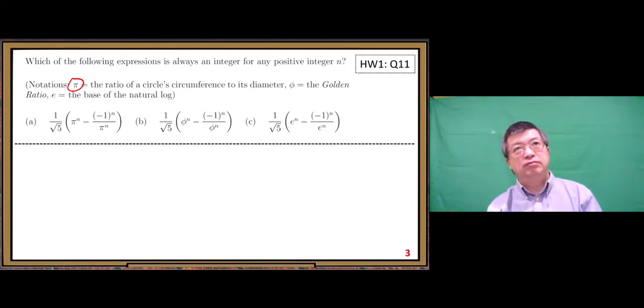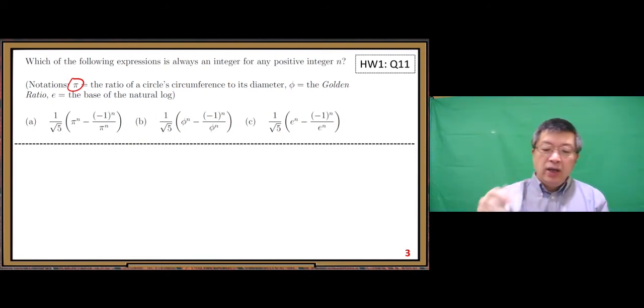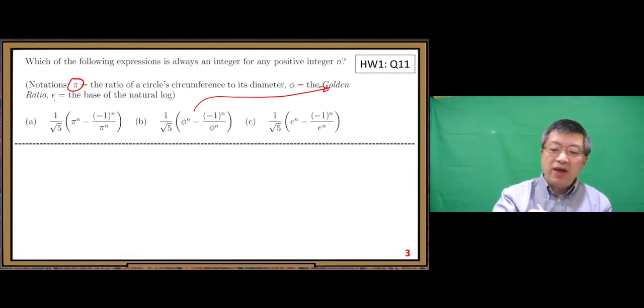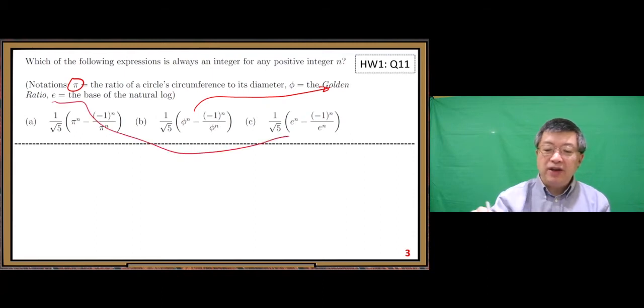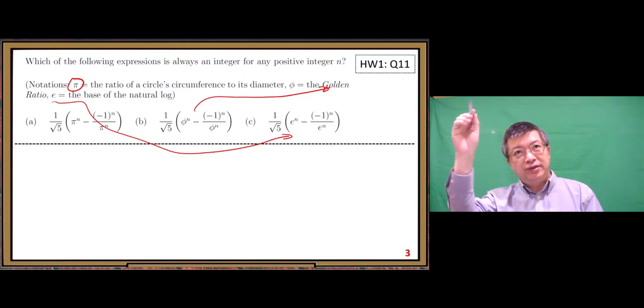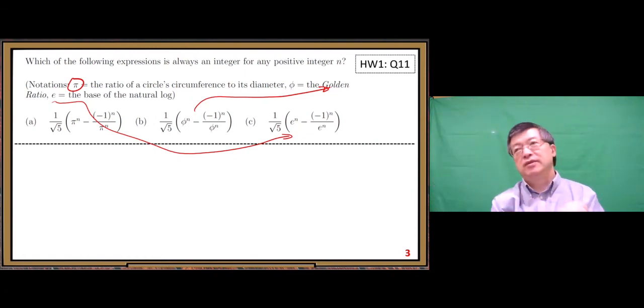I cannot memorize many digits. And golden ratio, we have that expression, right? E, the natural log base, 2.71828.